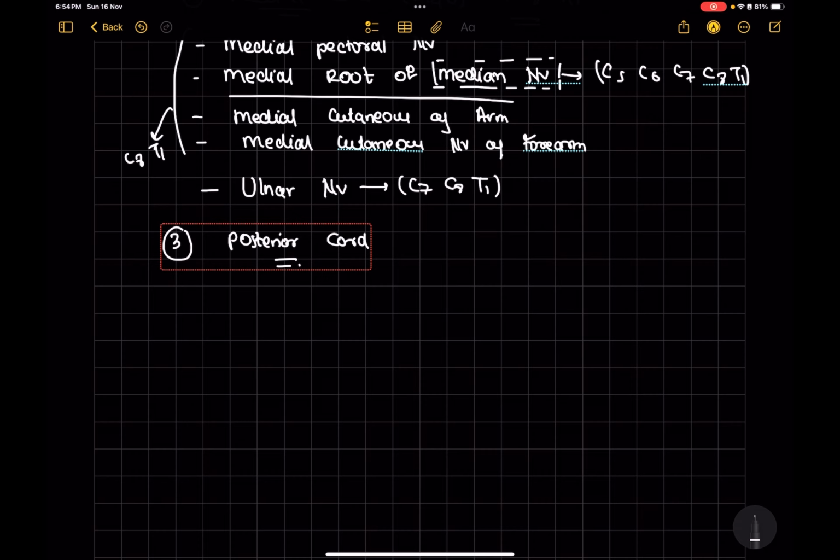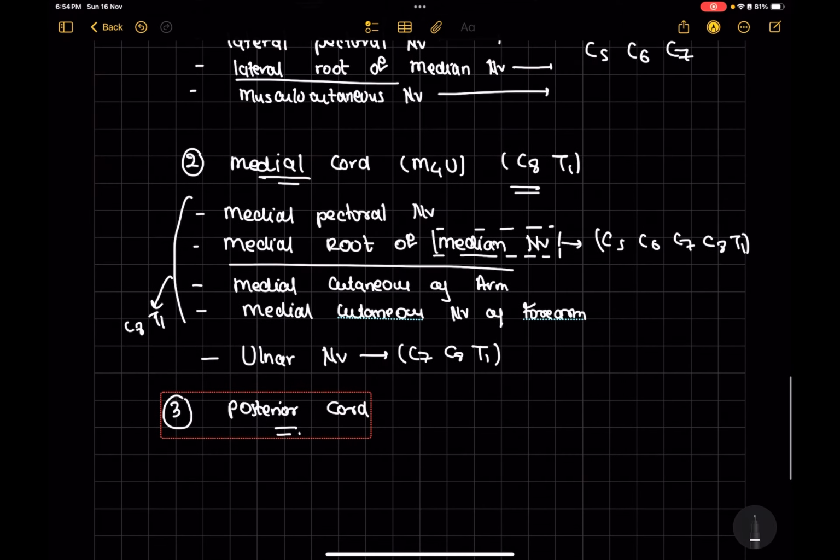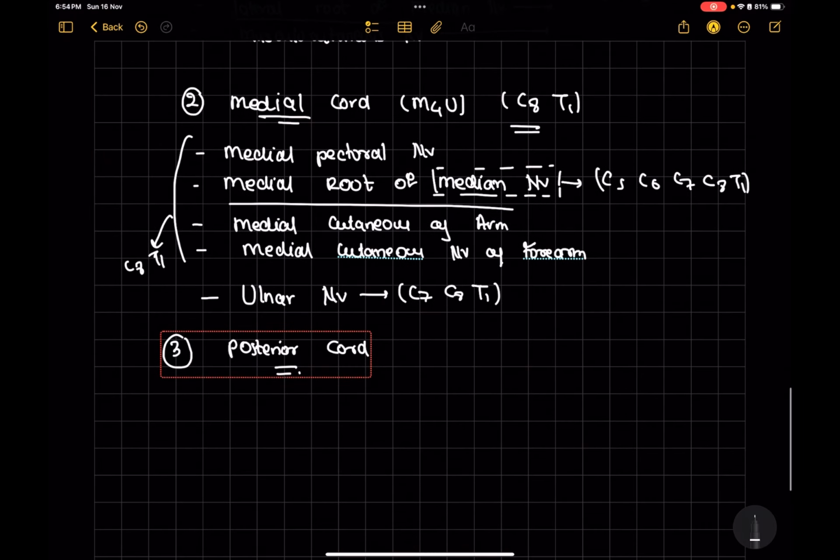These are things that we give in one's reference, that this is posterior to this, this is lateral to this, this is medial to this. So we have given these cords, and these trunks, upper, middle and lower, but from what reference have we given these terms? We have given these terms with reference to the axillary artery. Not important from the exam's point of view, but it's a fun fact that you could remember.